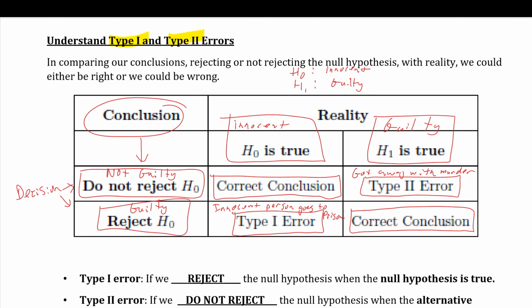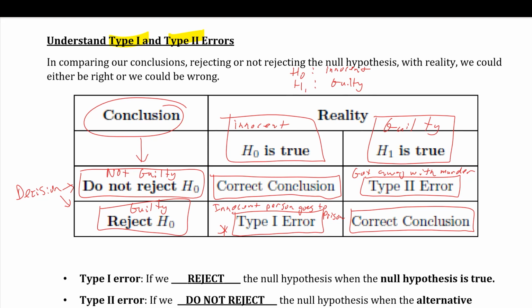Now, which one of these errors is more serious than the other? They're both bad errors, right? But typically, in most situations, a type 1 error is a worse decision to make. People get away with all sorts of things all the time. But to have evidence suggesting that a truly innocent person is guilty, that's a really bad error.